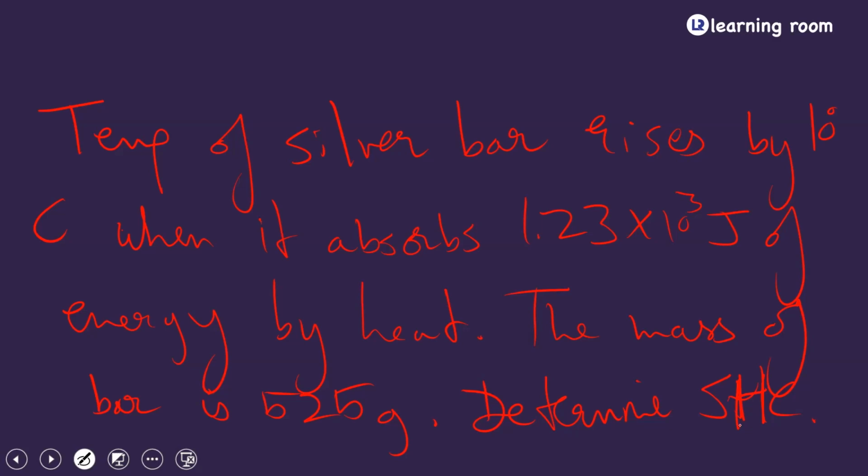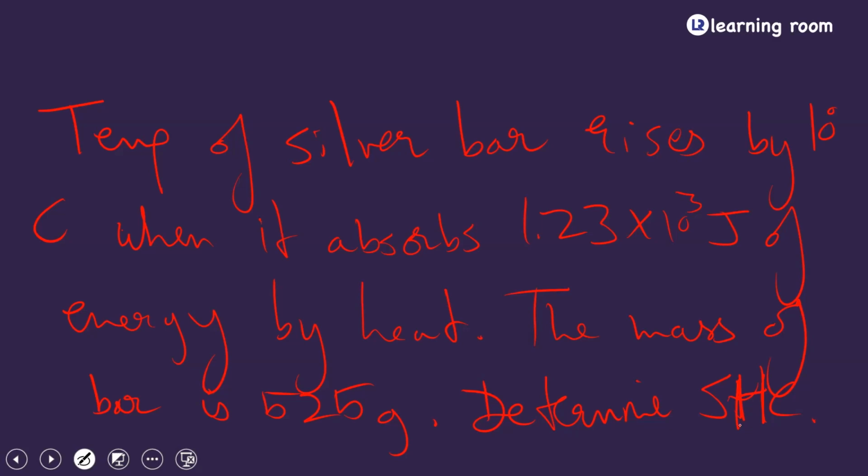Determine specific heat capacity is what is written. Okay, last part. Let me know, Ananya, when you have written it down. Did you note it down? Because I will try to solve it, or I will try to tell it to you guys. So I can change the slide, no?